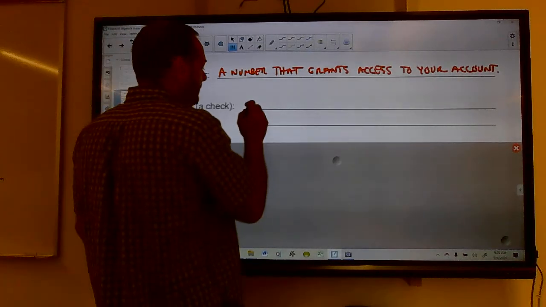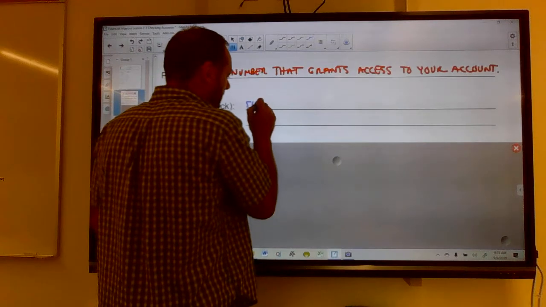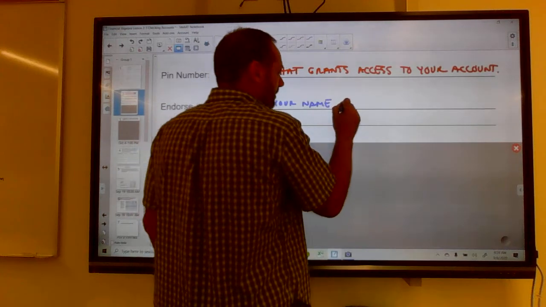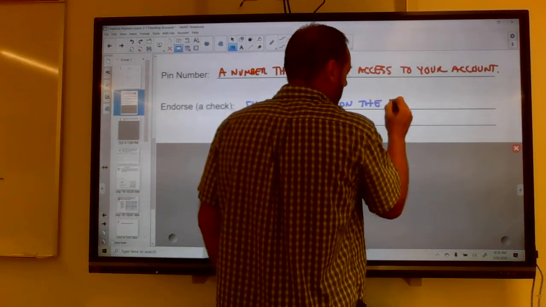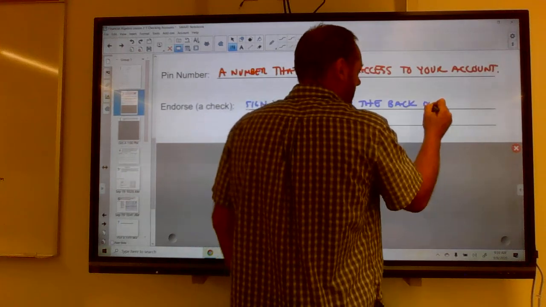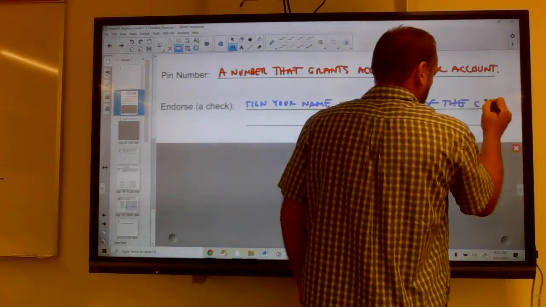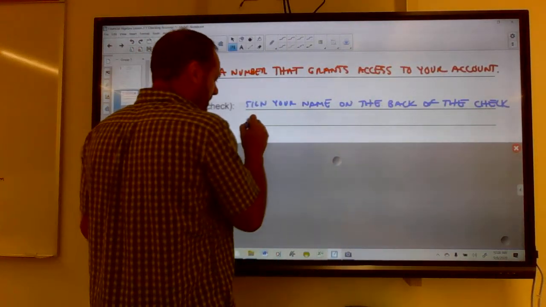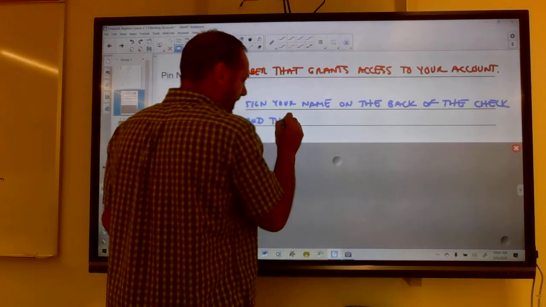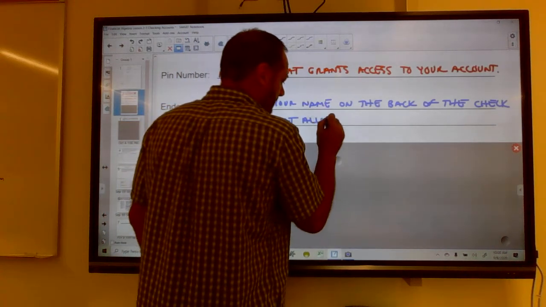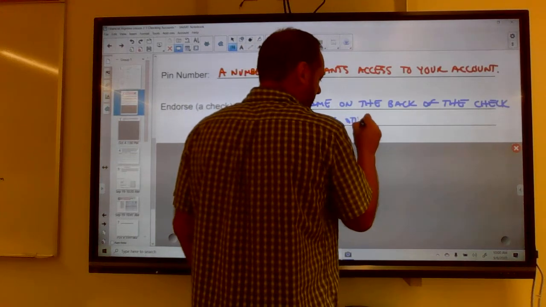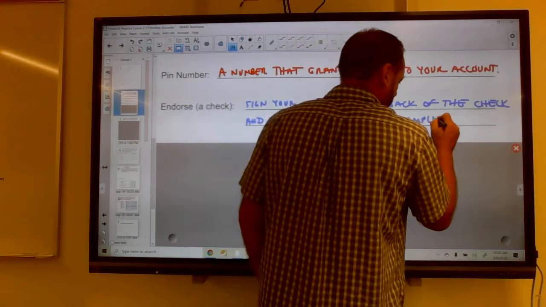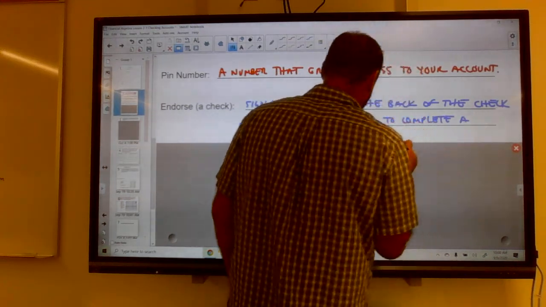So endorsing a check means that you sign your name on the back of the check, and that allows others to complete a transaction with that check.